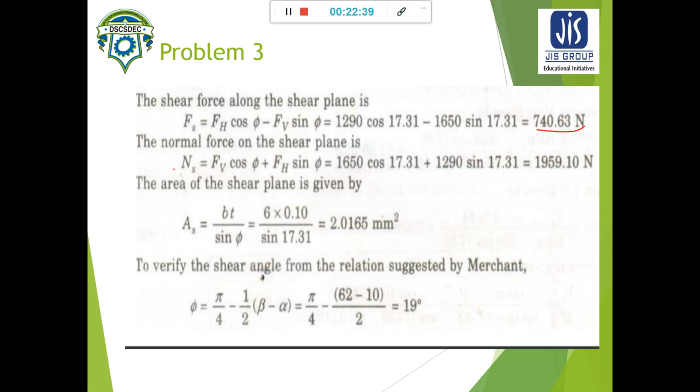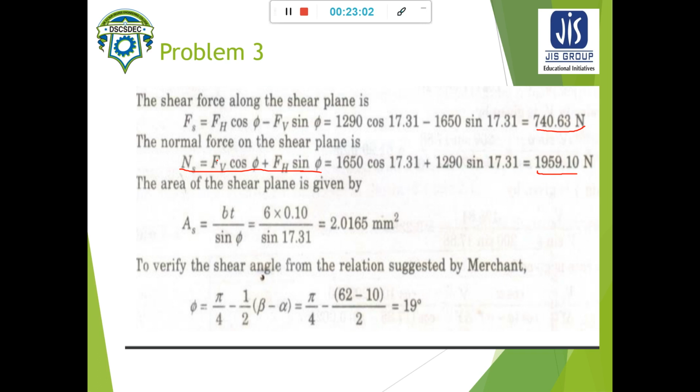The formula for Ns is FV cos phi plus FH sin phi, and if we put in the values, we find that 1959.10 Newton is our force normal to the shear plane.